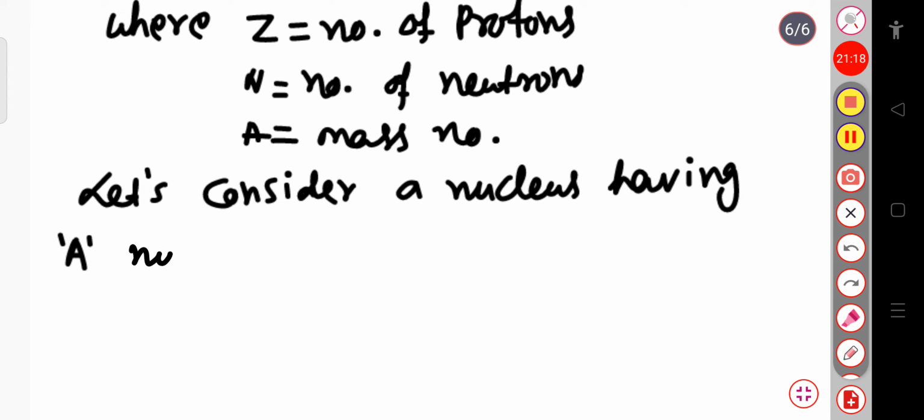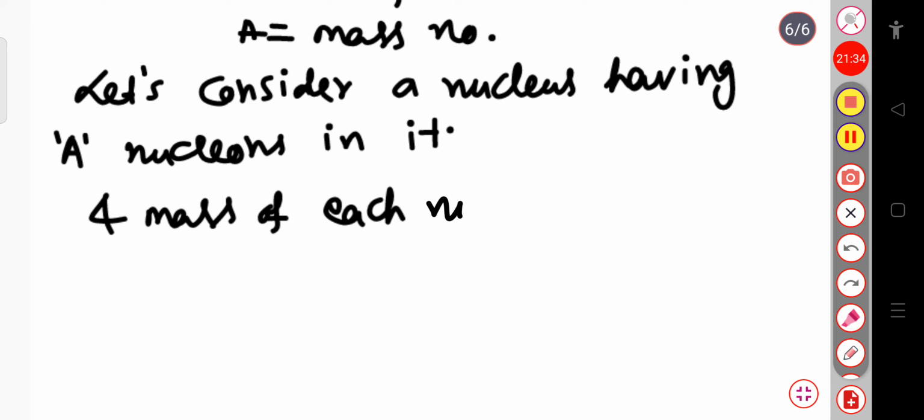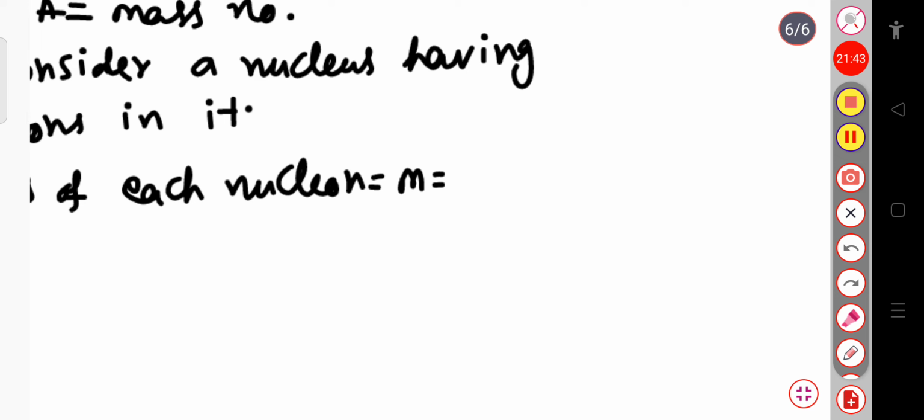Let the mass of each nucleon be equal to m, which is equal to 1.67 into 10 power minus 27 kg.